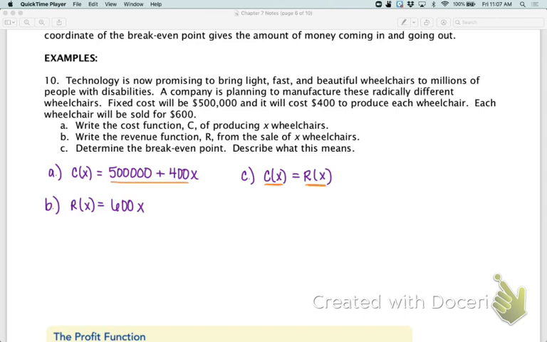And I know what R of X is equal to, so I'm going to substitute that. So the equation we end up solving is 500,000 plus 400x equals 600x. And that's a pretty easy equation to solve. We only have to do a couple of steps here. And when we solve that, we get that x is equal to 2,500.